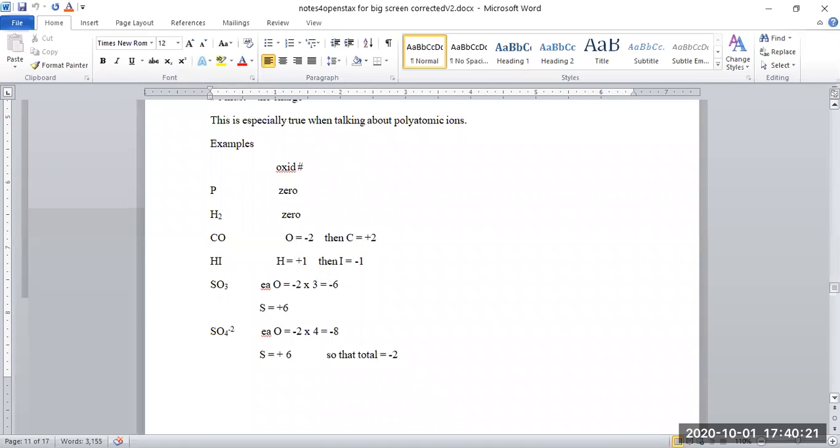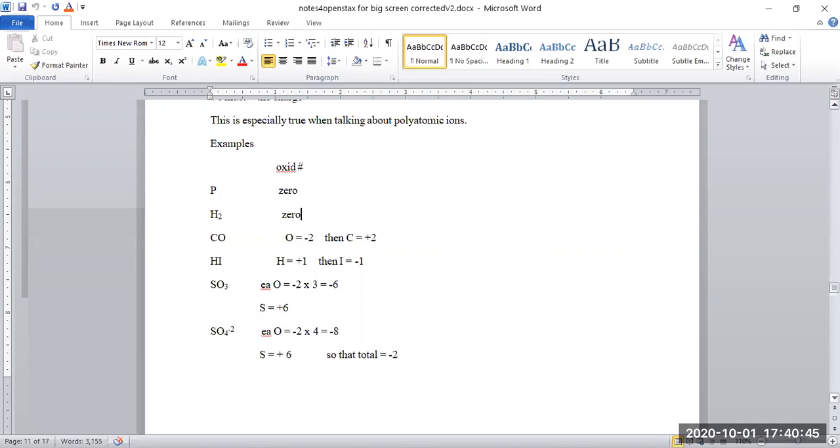So using the oxygen rule, and this is not a peroxide, we are then assuming that the oxygen is a relatively normal -2.